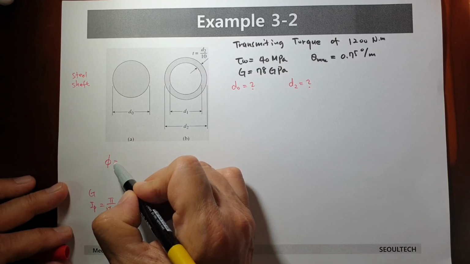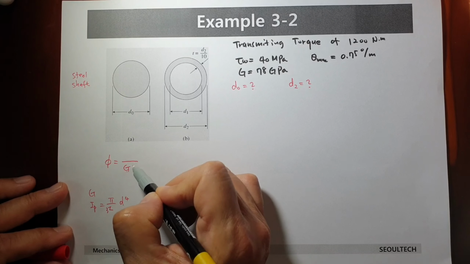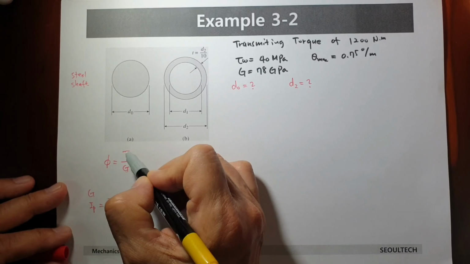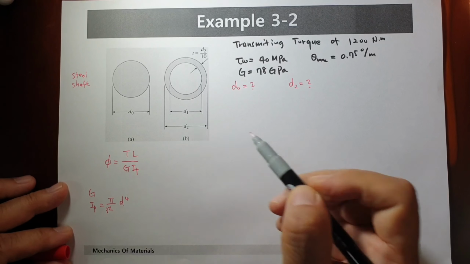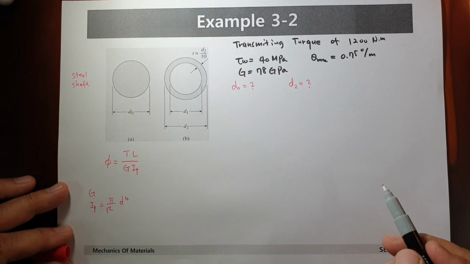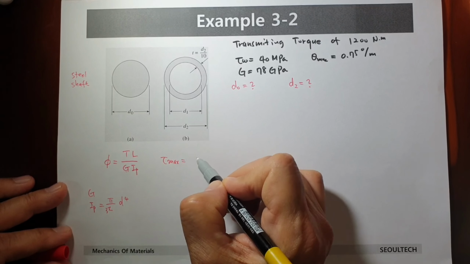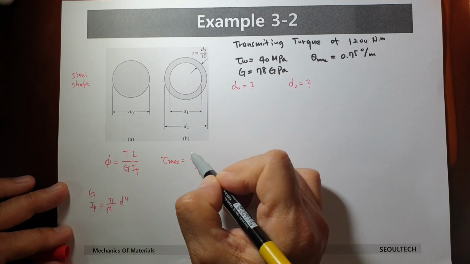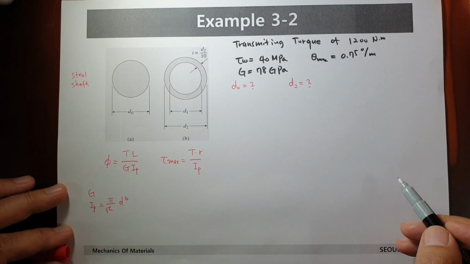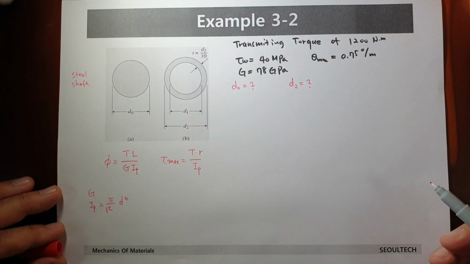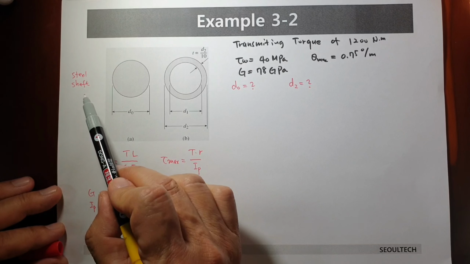Actually, change of angle phi equals TL over GIP. Or when you consider maximum shear stress, TR over IP. When you apply this formula, then you can easily get the final answer.